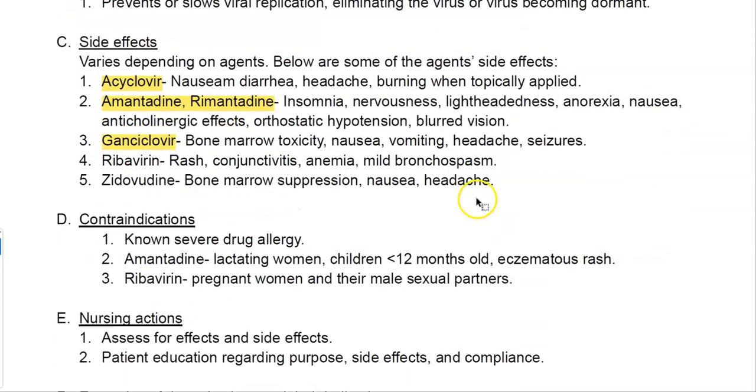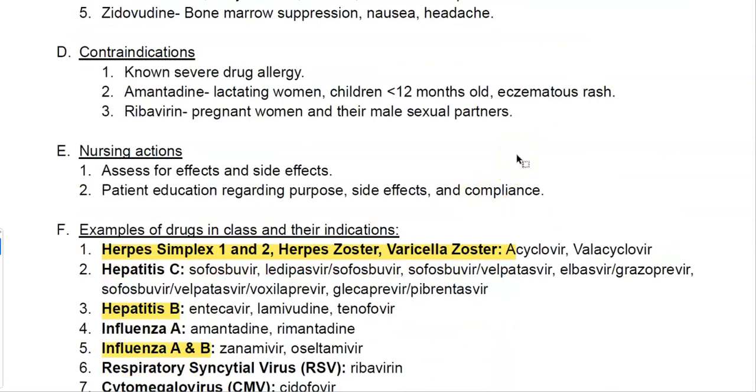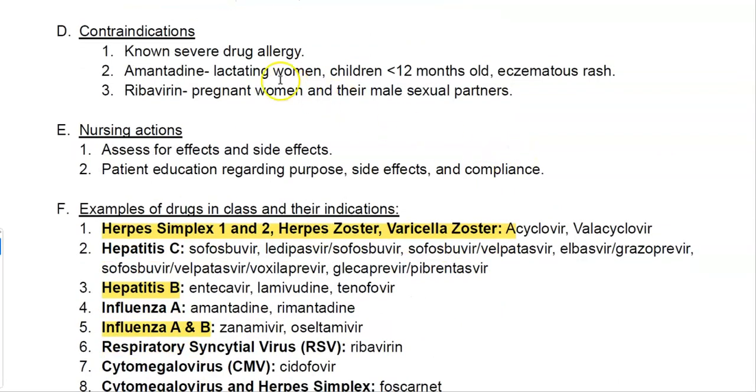Now, some contraindications to these medications include severe allergic reactions to them, and know that amantadine is contraindicated in lactating women, children less than 12 months old, and patients with eczematous rash.